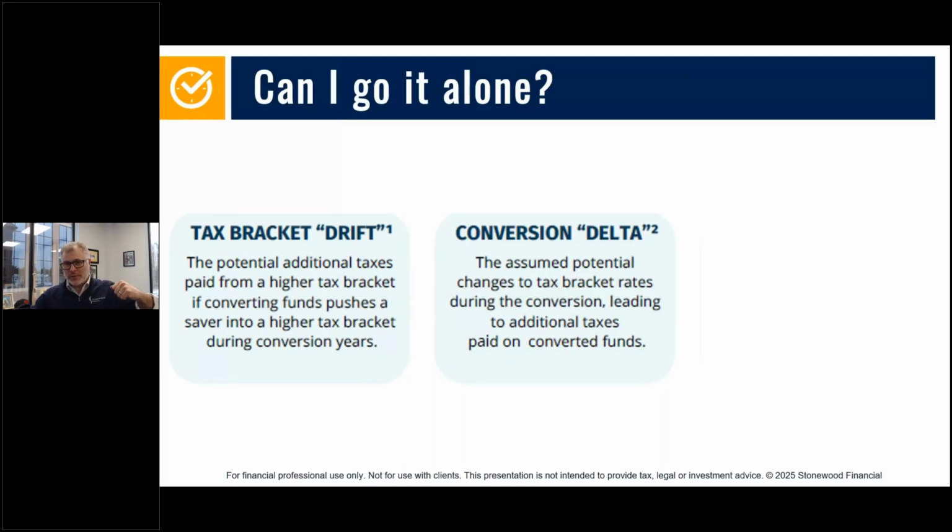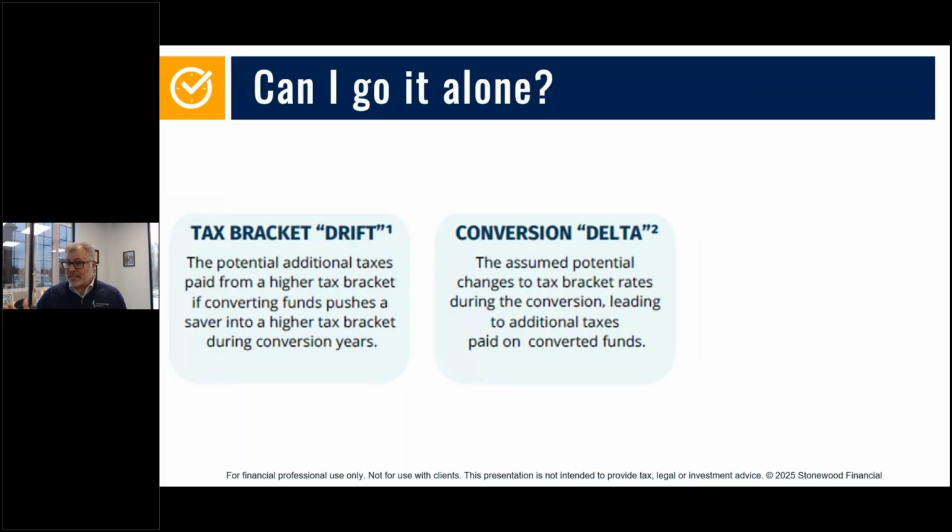While tax drift is telling us, let's slow this conversion down as much as possible, conversion delta is going to be the opposite. So conversion delta is the risk that taxes change during your proposed conversion pattern. So let's just say I want to spread this out 10 years. I don't want any tax drift, and so I'm going to take this 500,000 and convert 50,000 a year for 10 years.